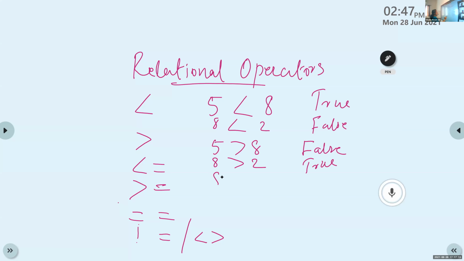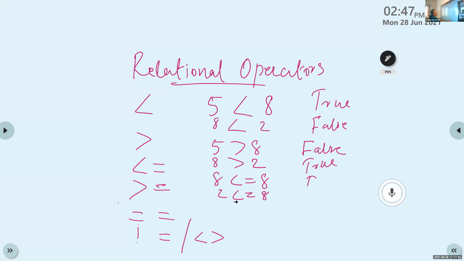Then what about 8 less than or equal to 8? Here the operator is less than or equal to. If it is less than, the answer is true. If it is equal to, then also the answer is true.